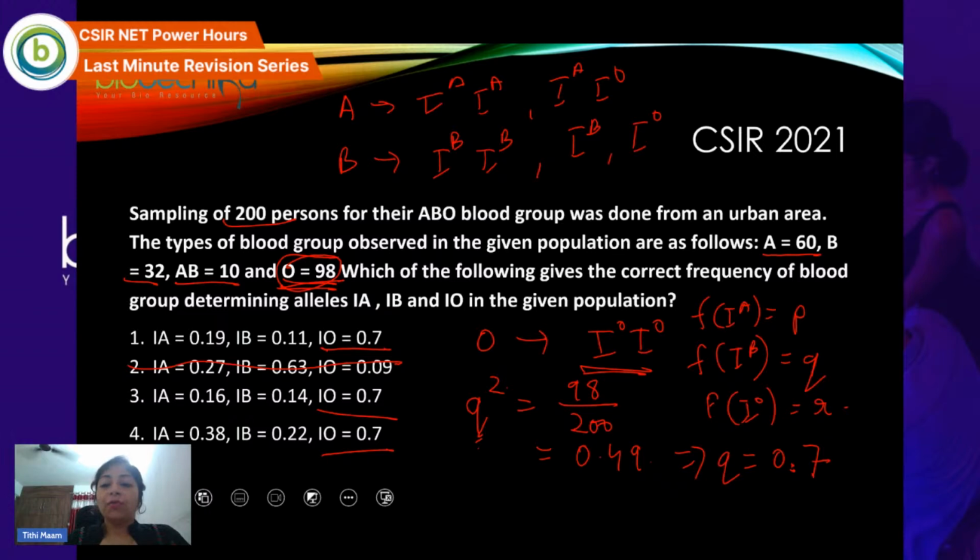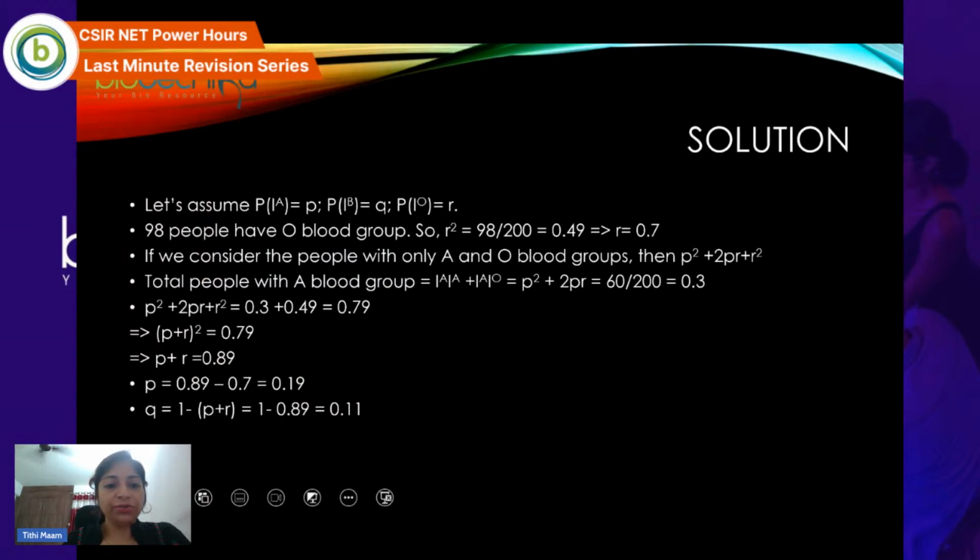Okay, now how to proceed? Once you have got this, take only one phenotype, whether group A or group B. You can take any one of them. Let's say that we are taking only blood group A. For blood group A, there are two genotypes possible. I'll show you the solution here.